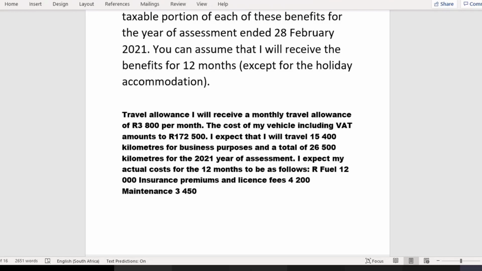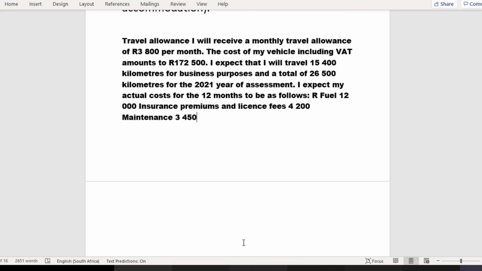Kolo and the rest of the students, I think this would make you happy, as it's what you were looking for. Yeah. Okay, can we get on to the question now? Right, I'm going to reread again. Travel allowance that will be received on a monthly basis. It will be an amount of 3,800 per month. The cost of my vehicle, including the VAT, amounts to 172,500.